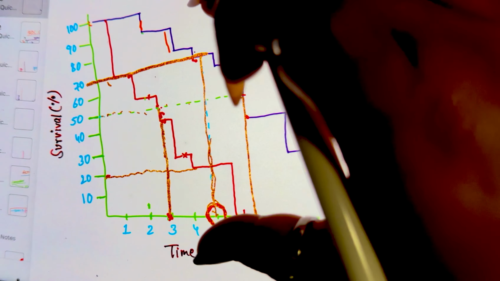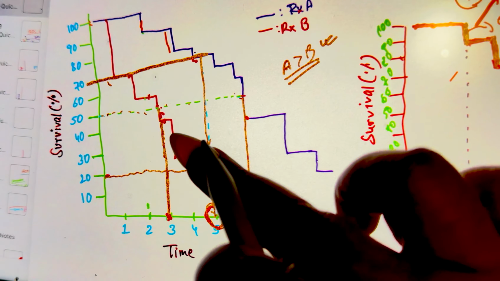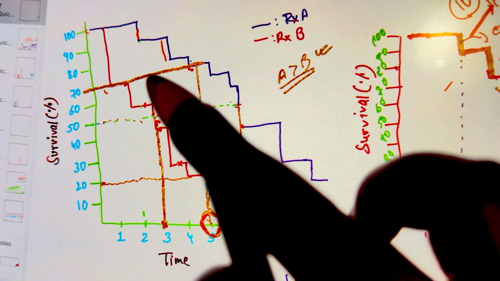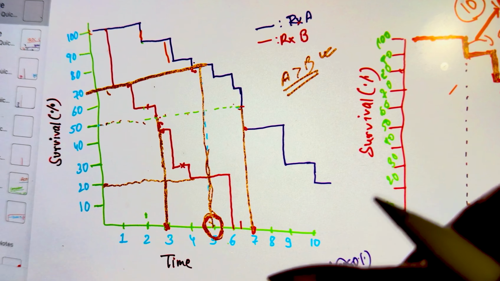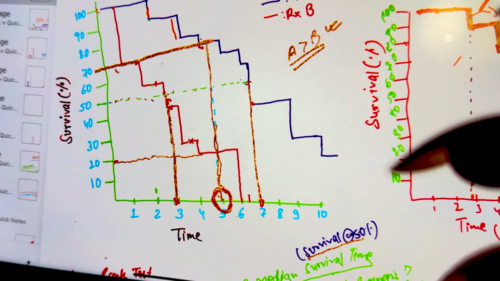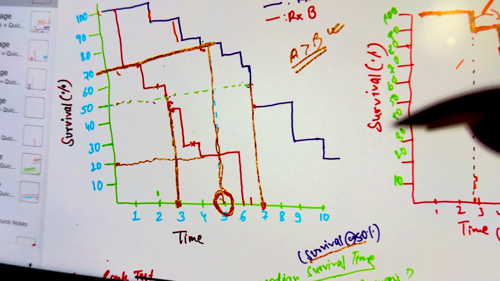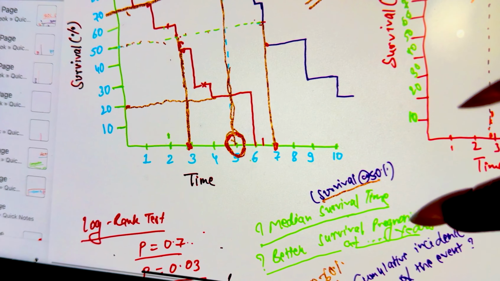Now there will be two Kaplan Meier curves for the two different treatments, and we are asked to compare. They will ask what the median survival time is, or which treatment will have the better prognosis at certain years. The other will be the cumulative incidence of the event.